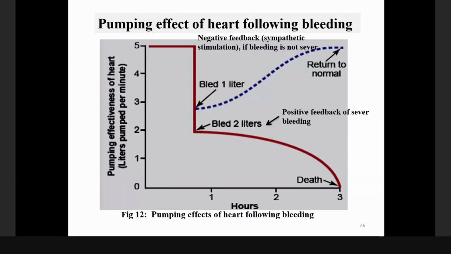Okay, look, for instance, why a subject with severe bleeding is going to die through a positive feedback homeostasis control system. Assume there is a subject with severe bleeding, like the subject has lost 2 liters of blood. Then what would happen to the pumping effect of the heart?